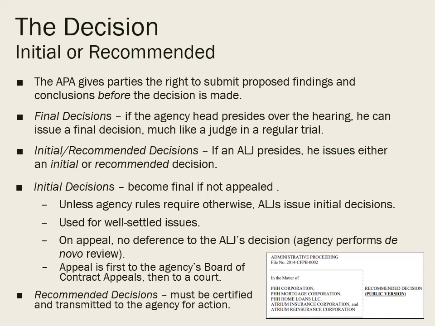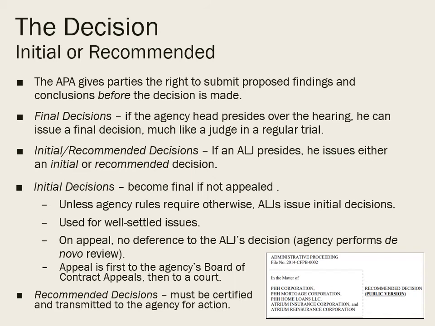You can see here on the screen, I've got one from the Consumer Financial Protection Bureau. It is a recommended decision. So the ALJ can issue an initial decision that becomes final if the losing party does not appeal, or the ALJ can issue a recommended decision which has to be certified and transmitted to the head of the agency before it can become final.